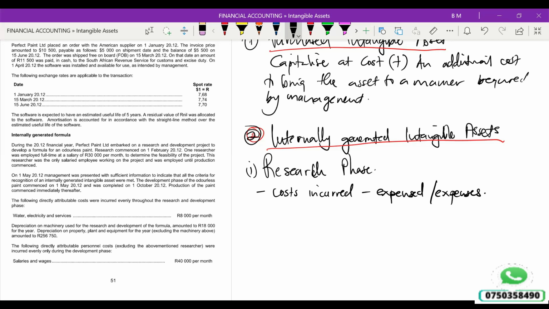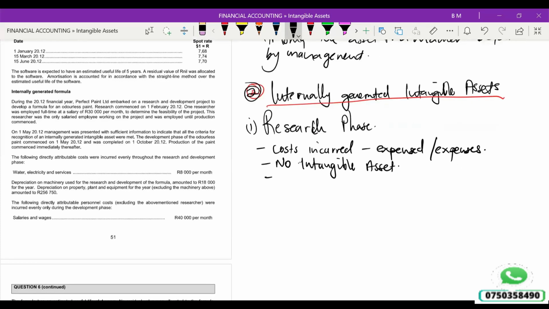So in other words, at the research phase, there is no intangible asset. At that stage, you are still figuring out within the market whether it is possible for us to actually manufacture this asset. Do we have the capabilities of developing this asset?